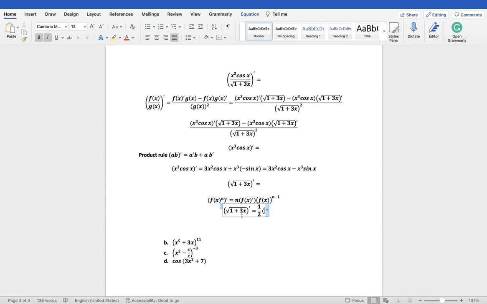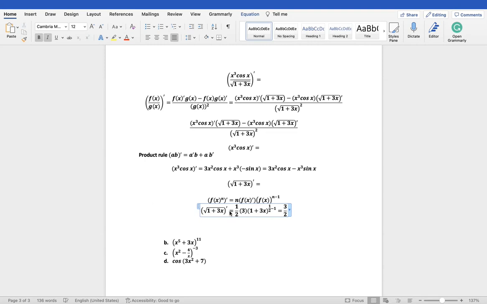That's a question for you. 3. Thank you. So 3 multiplied by the function 1 plus 3x, right? To the exponent of n minus 1, which is just 1/2 minus 1, right?